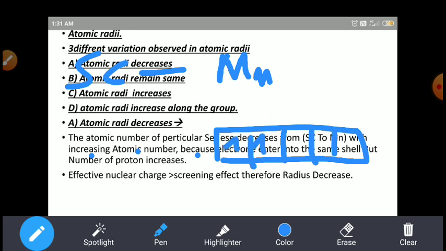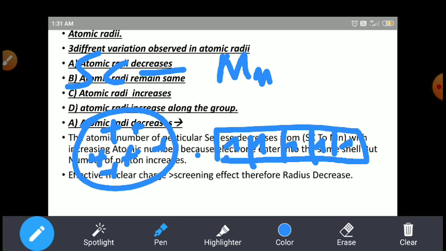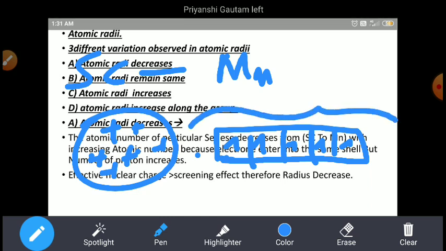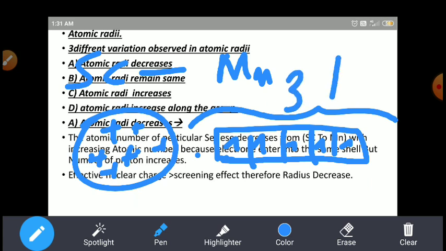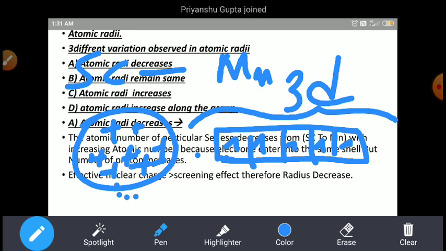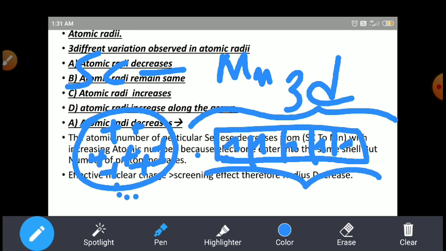Electrons are shifted into the same shell here, and the number of protons increases as we move along the period. The electrons are shifted into the 3d orbital, and the number of protons increases in the nucleus, but the electrons remain in the same shell.